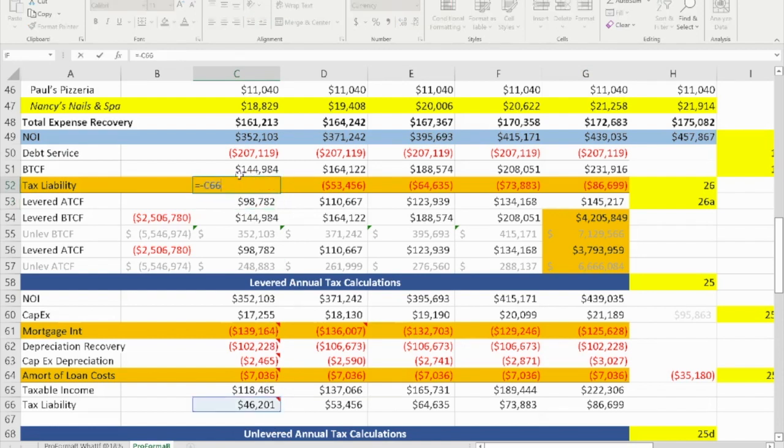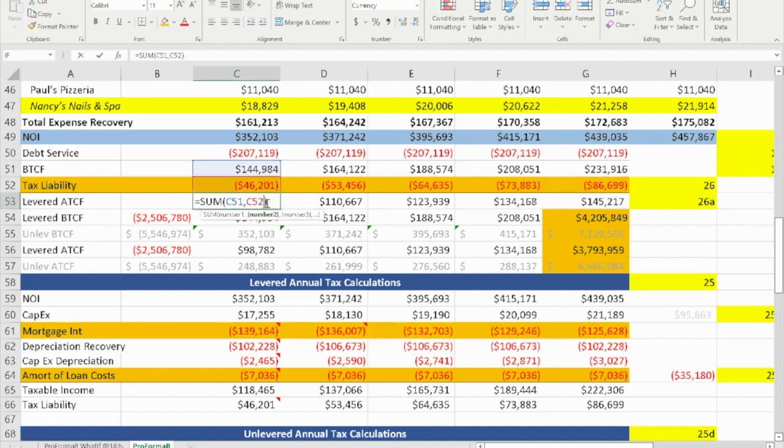So it's basically simply referencing the calculation that we just did a few minutes ago. Do not anchor it, and you can drag it across to get the tax liability for years 1 through 5, which year 5 should be again negative $86,699.